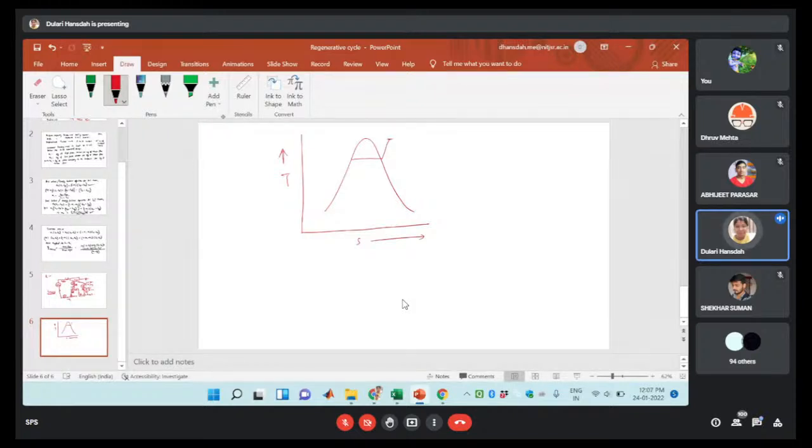Let us take this temperature as 400 degrees Celsius.